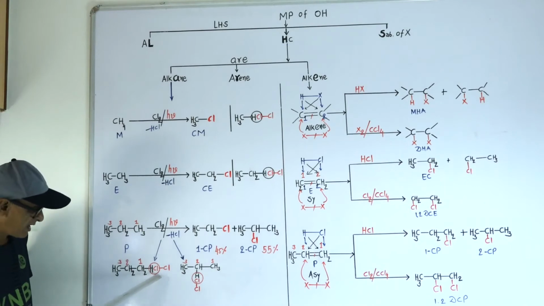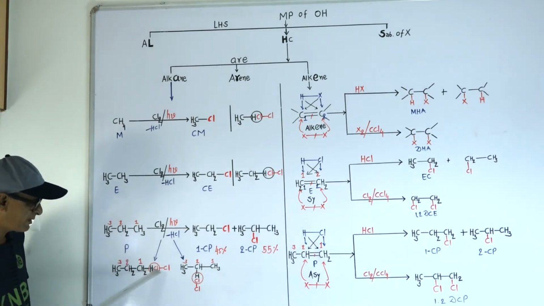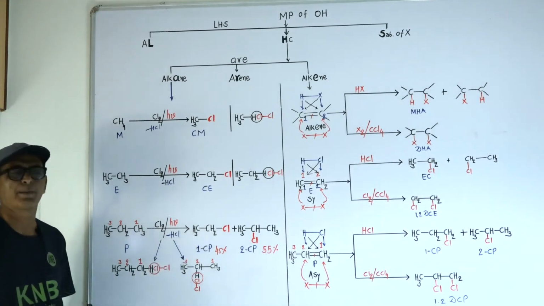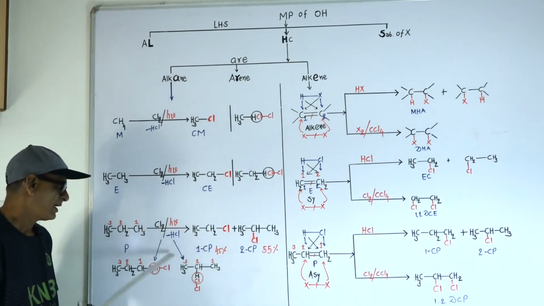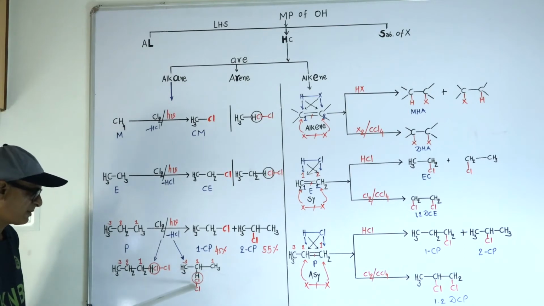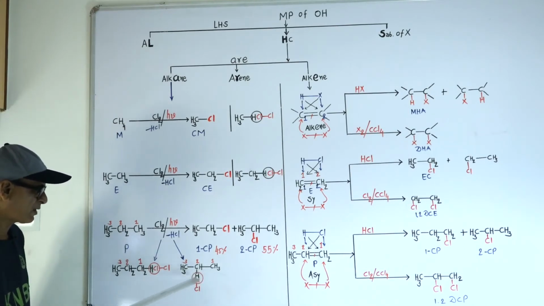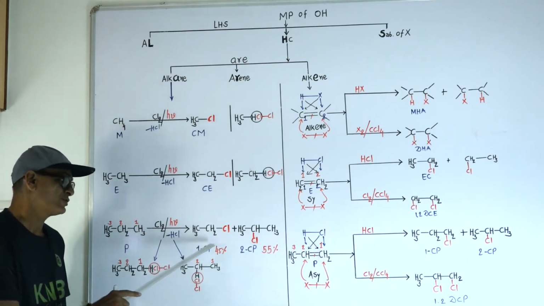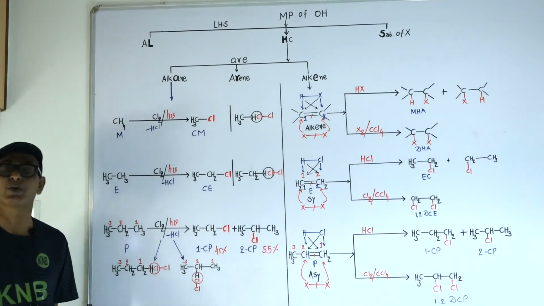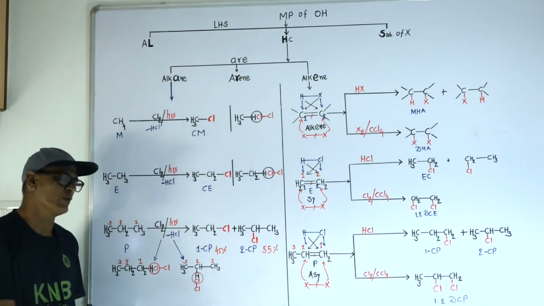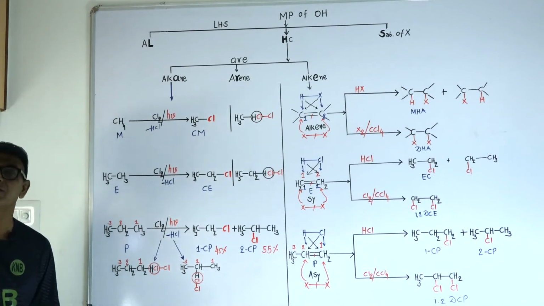With the terminal carbon, HCl will be removed as a byproduct and chlorine attaches directly to C1, giving 1-chloropropane. In the second possibility, Cl2 attacks the second carbon, HCl is removed as a byproduct, giving 2-chloropropane. The proportion of 1-chloropropane in the mixture is 45% and 2-chloropropane is 55%.